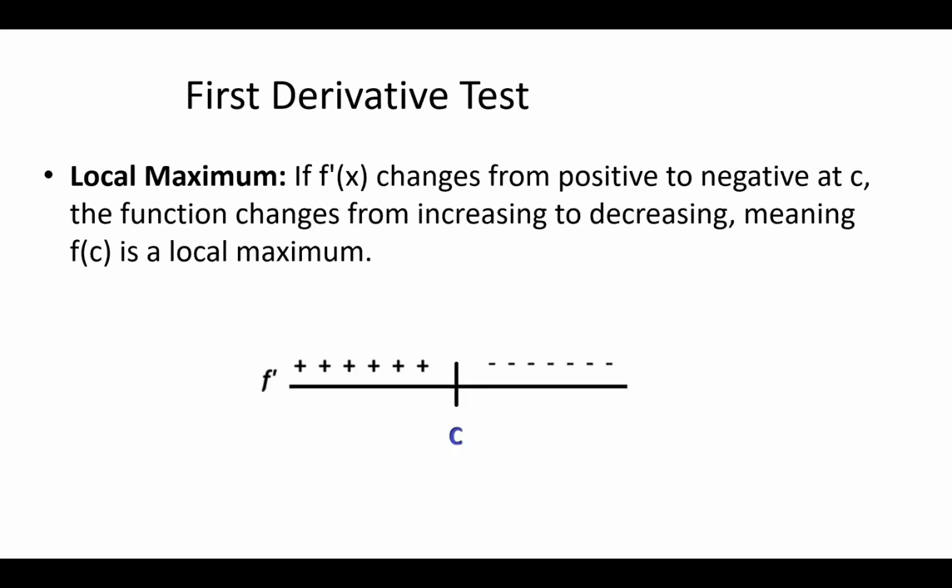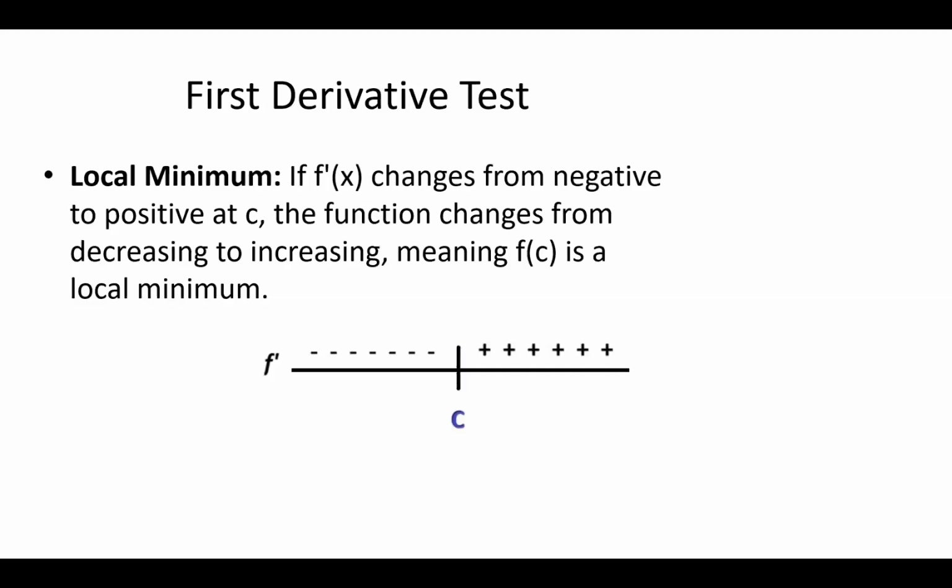So we're going to have a local maximum if the derivative changes sign from positive to negative, because it means that the function is increasing and then it becomes decreasing. In a similar way, if the derivative changes sign from negative to positive, then the graph has to go down and then up.